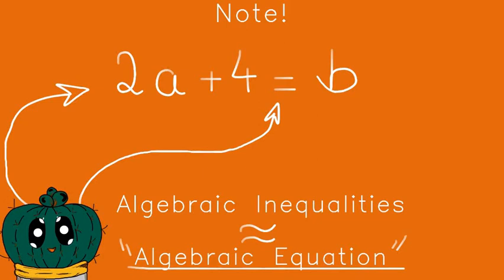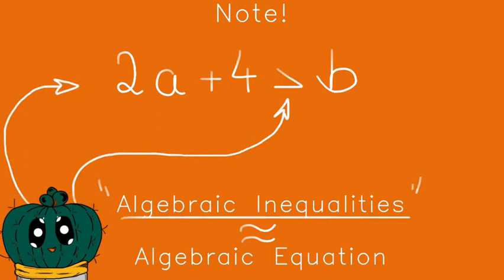In the case of an equation, it is always an equality sign, a balanced state. Let's generalize this: the left hand side is always going to be equal to the right hand side, but this is not the case when we turn this into an algebraic inequality.